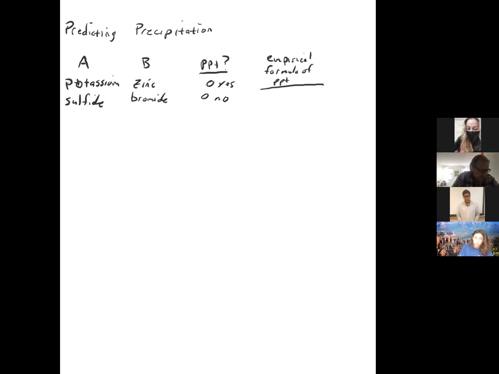Then you're going to fill that out. The formula, not the name, okay? There's 3 of them that they have you do, so I'll show you the other 2 after we do the first one. There's some skill here in terms of the naming of the compounds, so I want to show you how to do that.